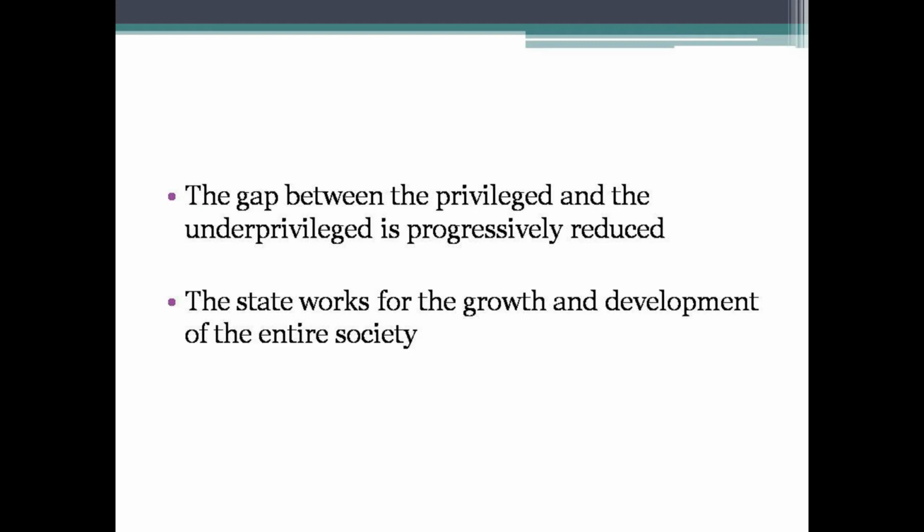The fourth point is that the state works for the growth and development of the entire society. Now, to realize these goals, the framers of the Indian Constitution incorporated the fundamental rights and the directive principles of state policy.